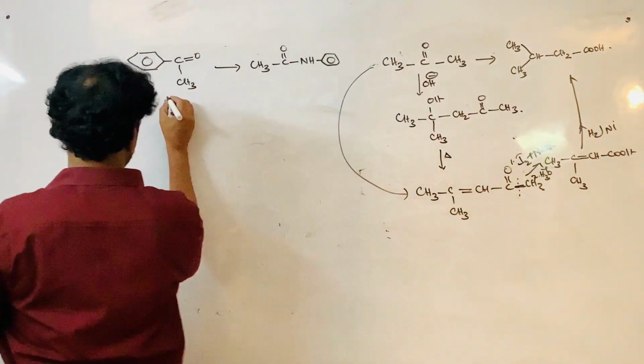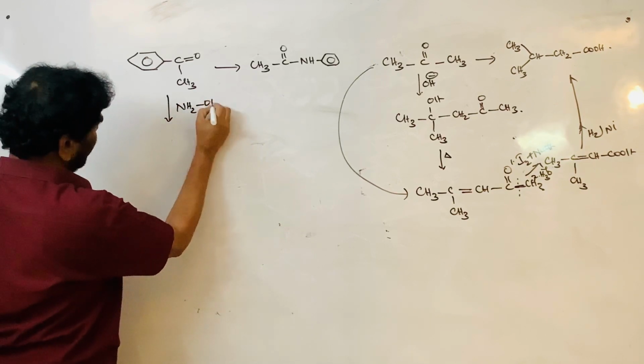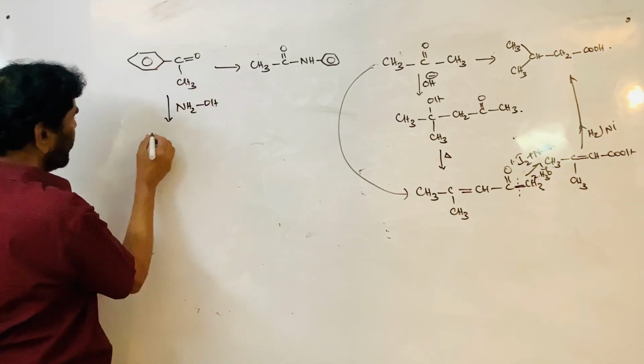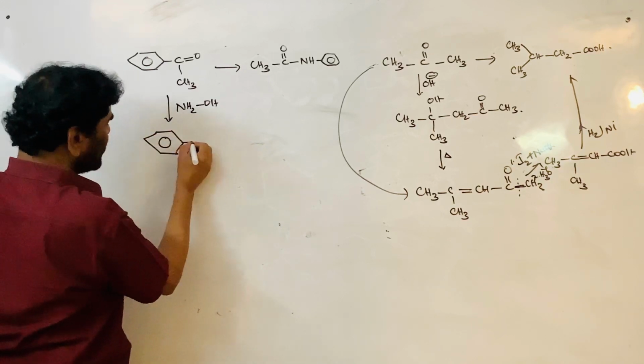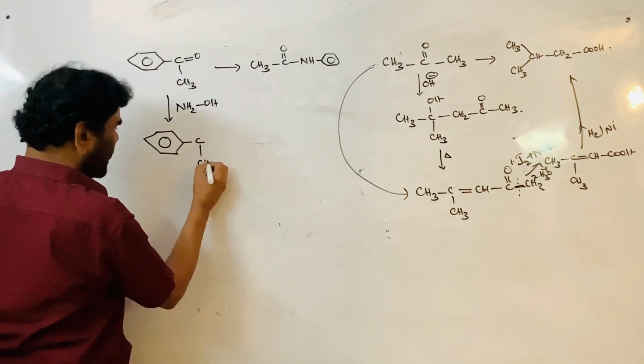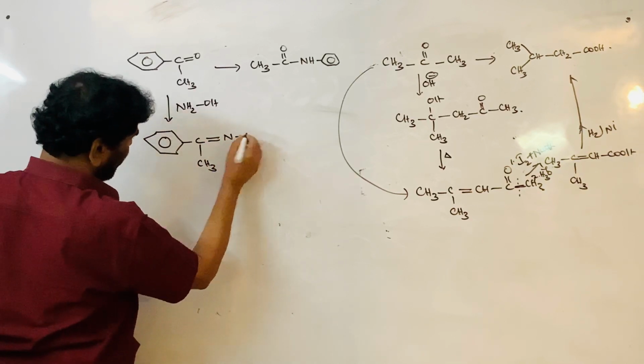In this method, we treat the ketone with hydroxylamine, an ammonia derivative. The aldehydes and ketones react with derivatives of ammonia through an addition followed by elimination mechanism.